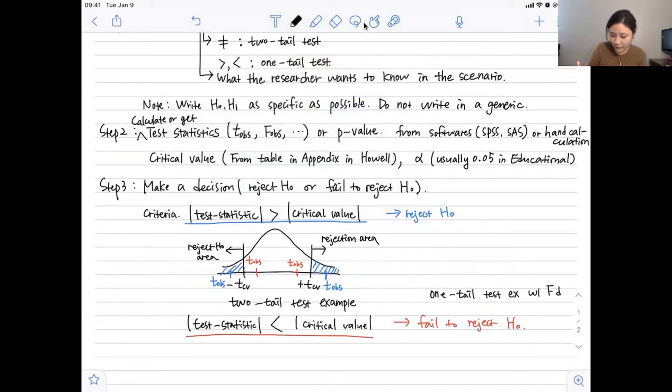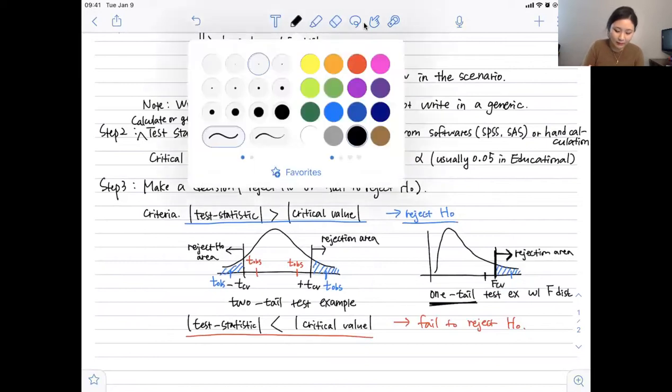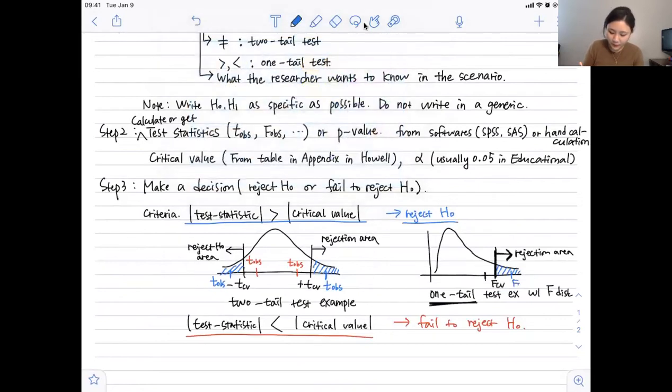F distribution. The F critical value is here. So after this line is my rejection area. If my F observed value is greater than the F critical value, we reject the null hypothesis because the F observed value is in the rejection area.